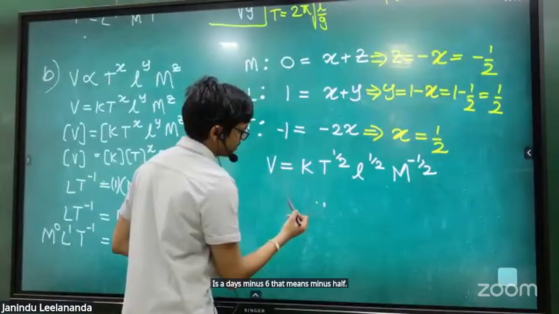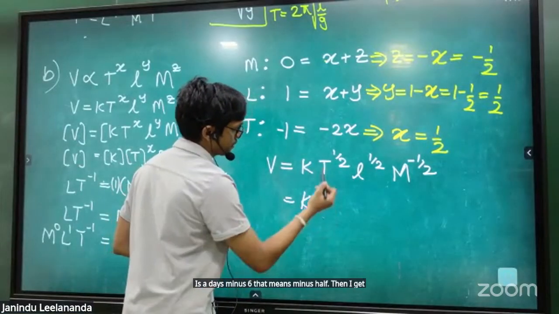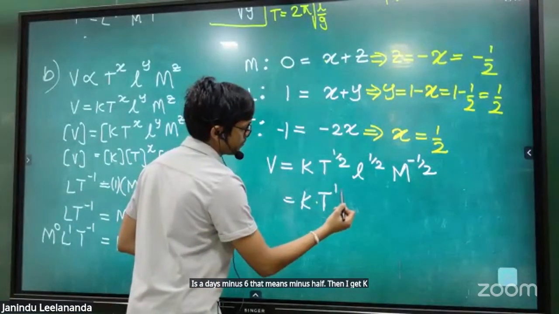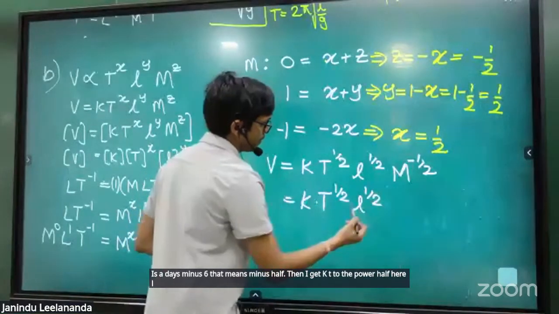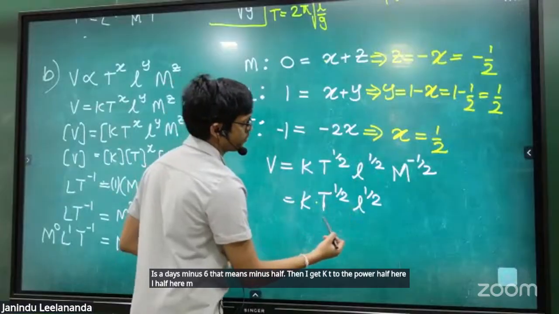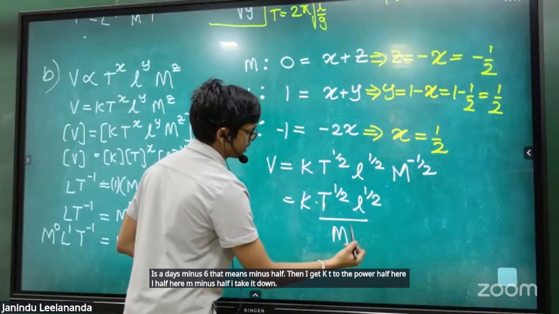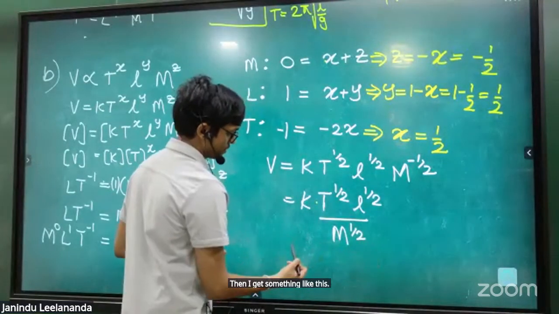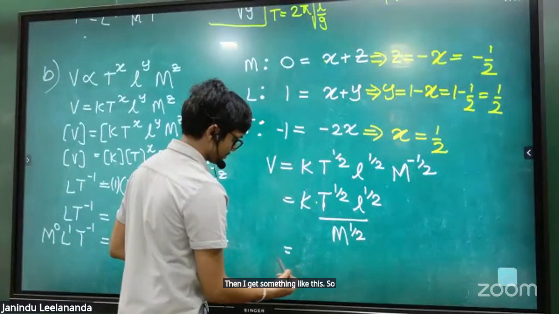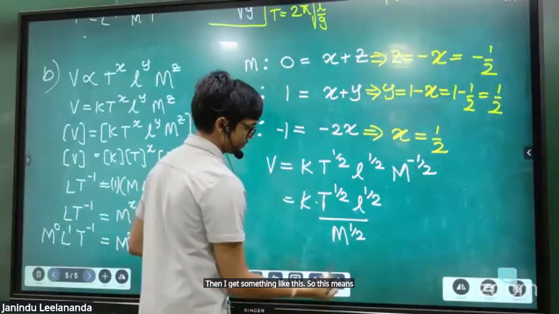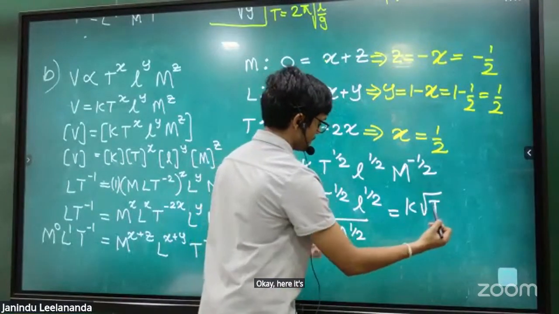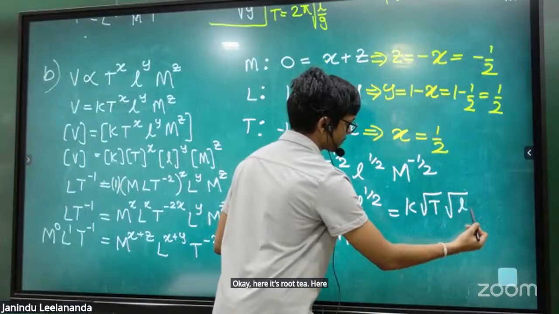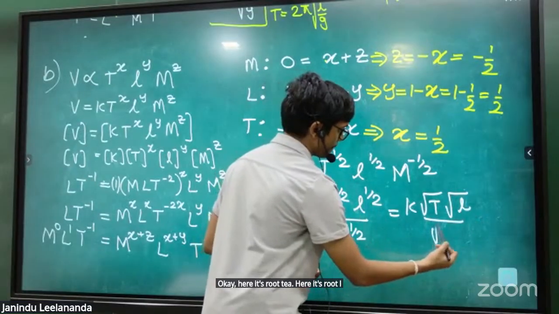Then I get v equals k t to the power half, L to the power half, m to the power minus half. I take it down, then I get something like this. So this means k, here it's root t, here it's root L, here it's root m.